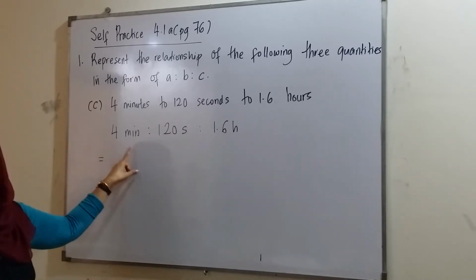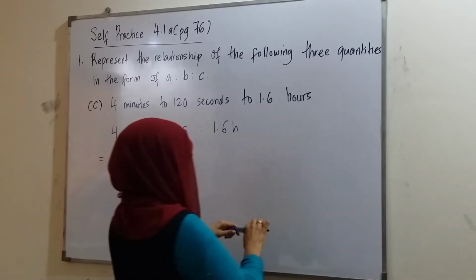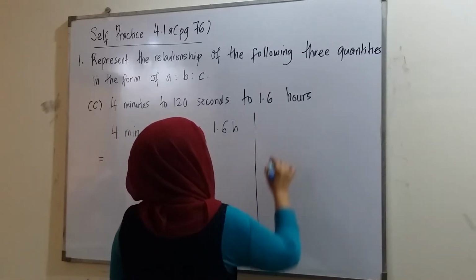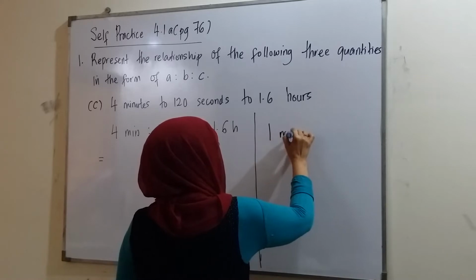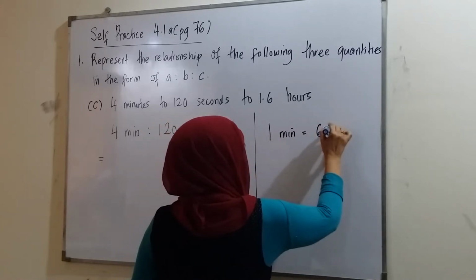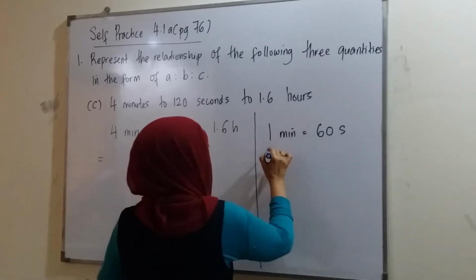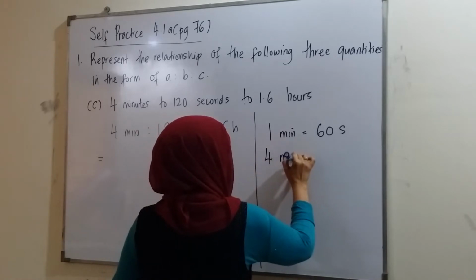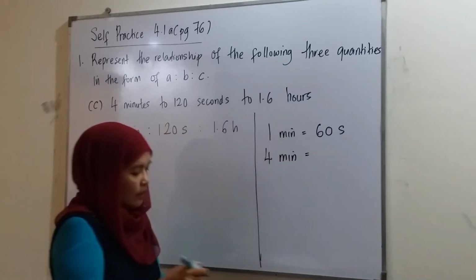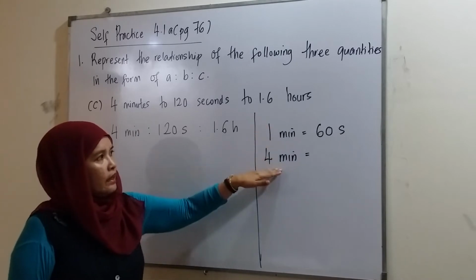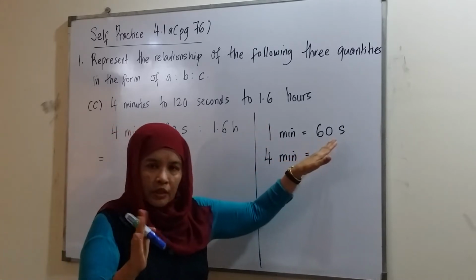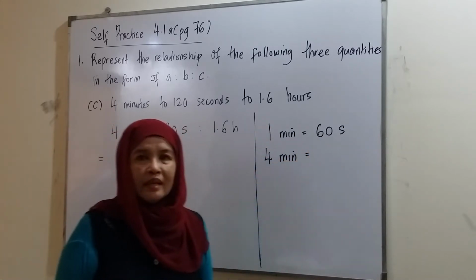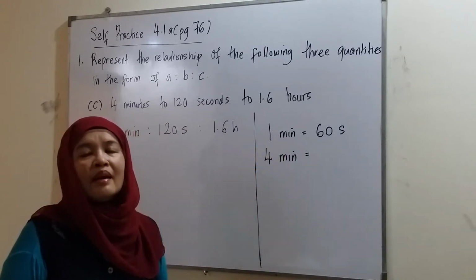4 minutes, how many seconds? As we know, 1 minute equal to 60 seconds. So we want to find the value of 4 minutes in seconds. When the minute increases, the second also increases. So this is directly proportional.